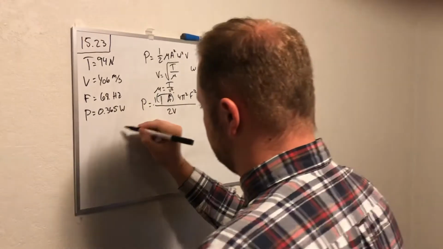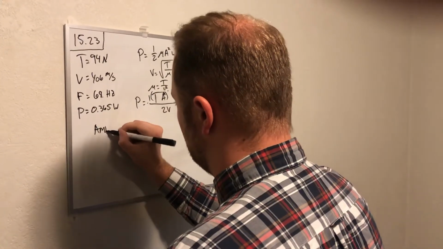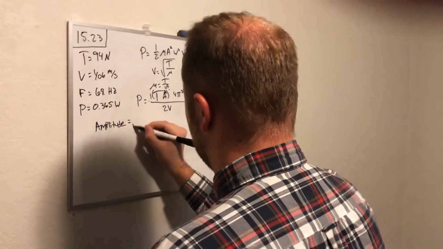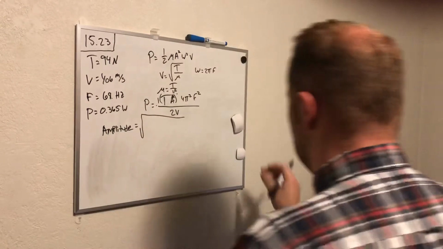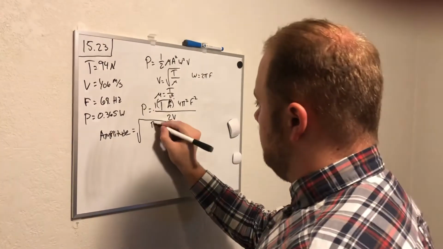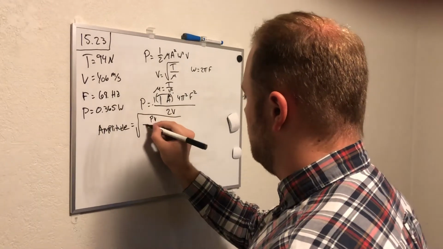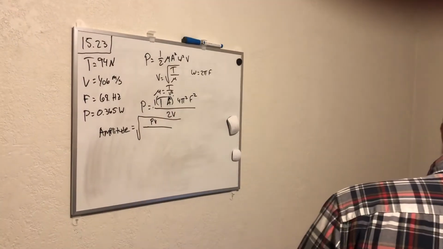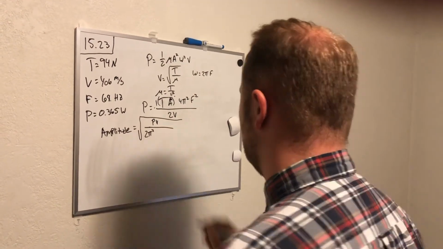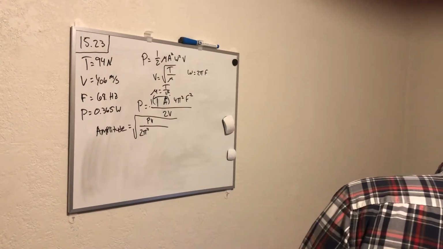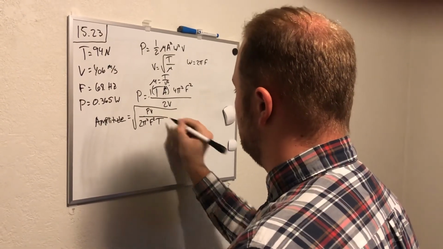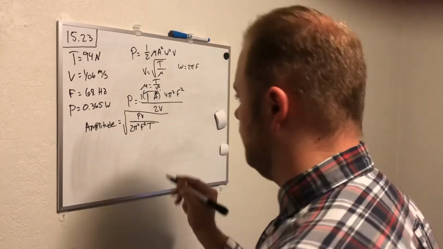So the amplitude is equal to the square root of the power times the velocity over 2 pi squared times the frequency squared times the tension. Okay, so we plug in all of those values.